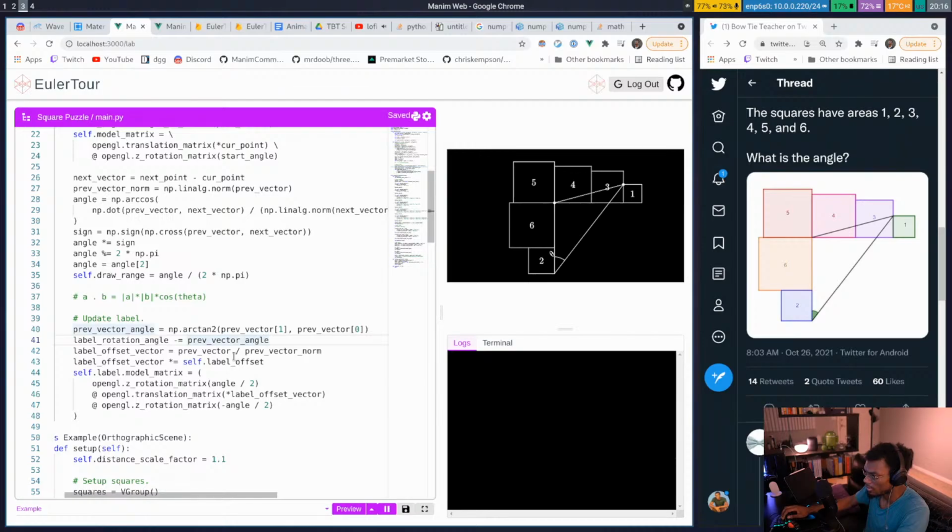And this will be prev vector angle plus angle over 2. No. Oh, I have to update it here.